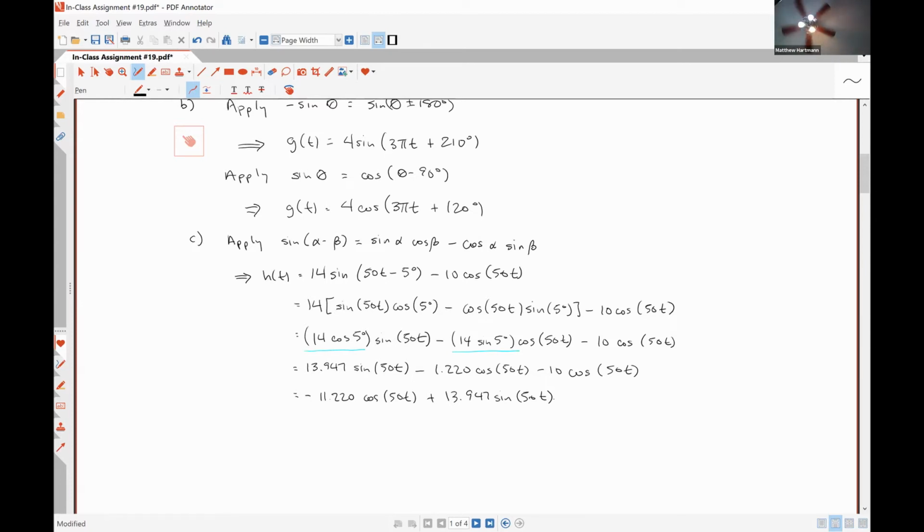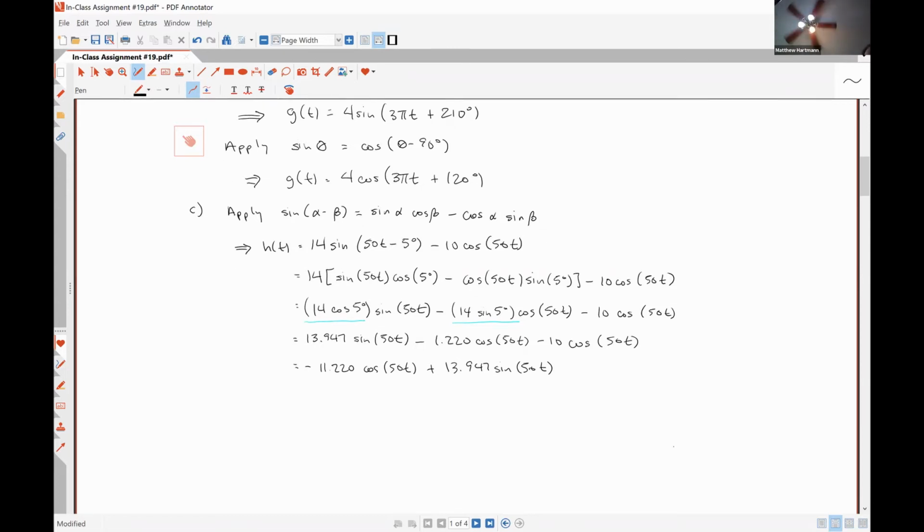So we've applied a trig identity and done a considerable amount of math here to get roughly halfway through our problem. And let me explain what I mean by that. We can use another trig identity that says that cosine of alpha plus beta is equal to cosine alpha cosine beta minus sine alpha sine beta.